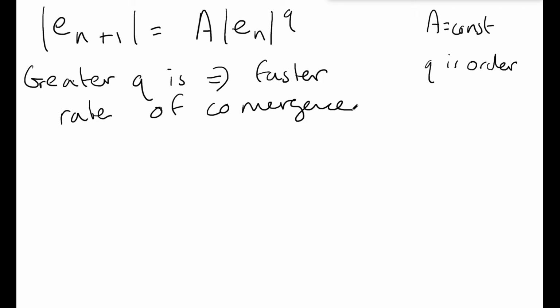So in this module, we revisit three methods and try to analyze them in detail. We're going to look at fixed point, and we're going to use Newton-Raphson as well. What we're trying to do each time is clarify what q is. The greater q is, the faster the convergence. If q equals 1, it's linear convergence.